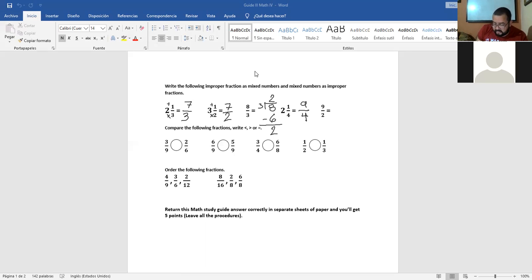And this last exercise, we're going to divide 9 by 2. The number in the table of 2 that equals 9 or close to 9 is 4. 2 times 4 equals 8. 9 minus 8 equals 1.